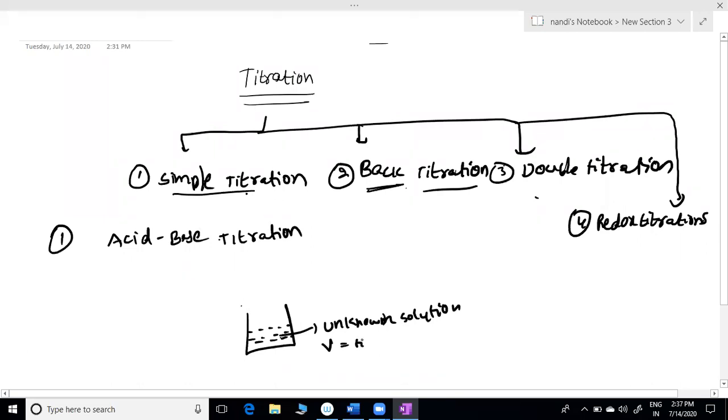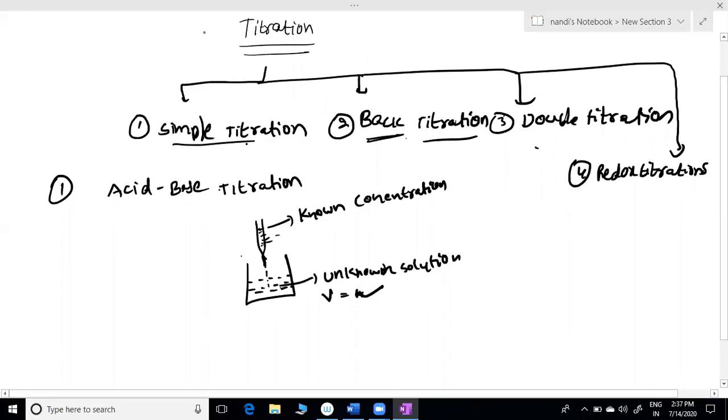And we are taking here, by reading one, this is known concentration. Known concentration. And volume we are going to measure by this reading, how many ml we are adding.